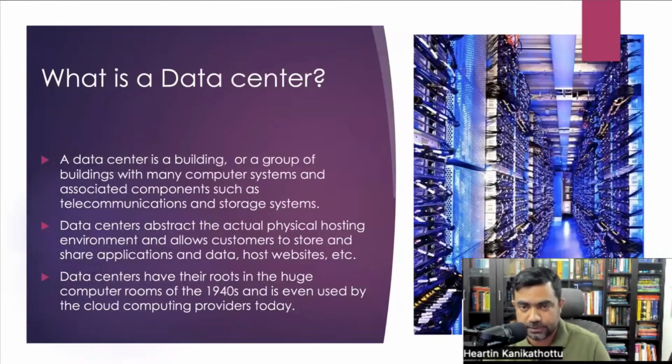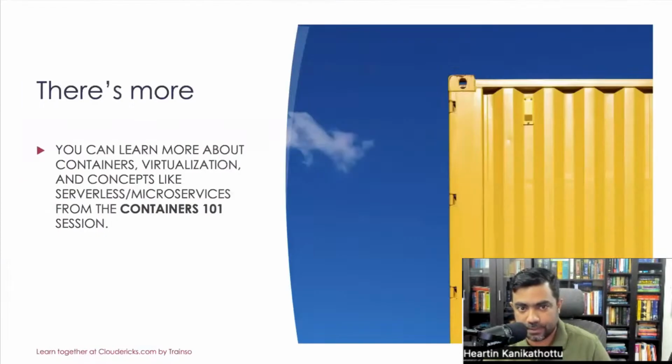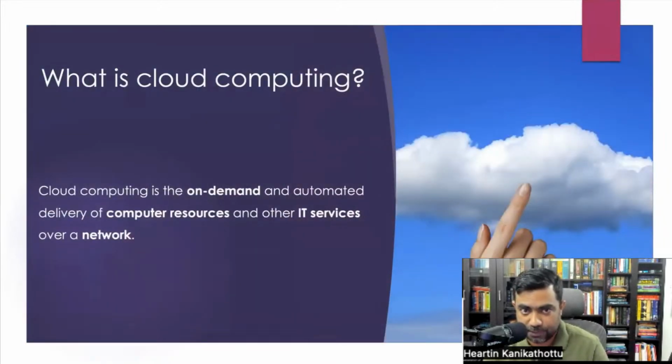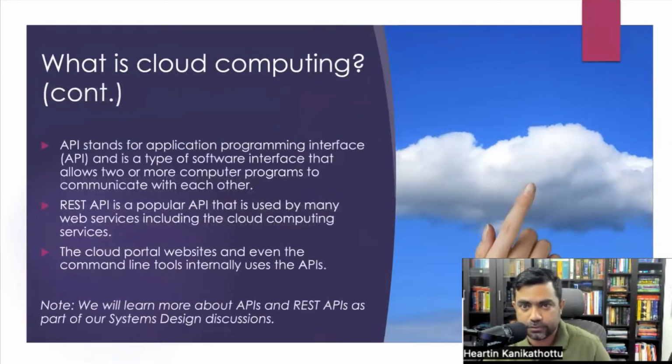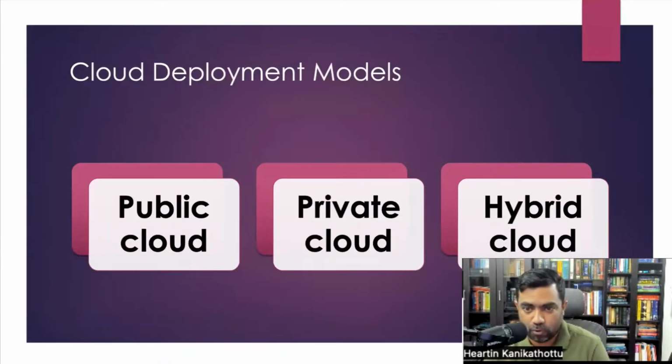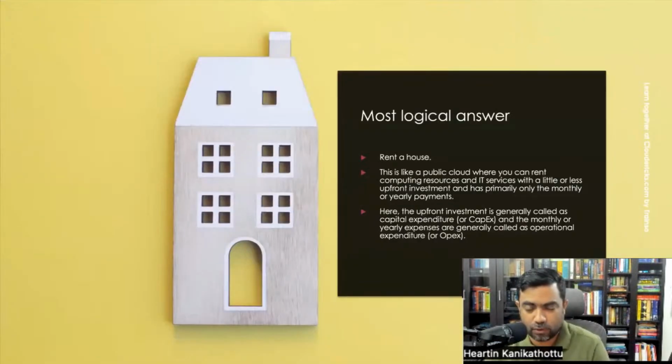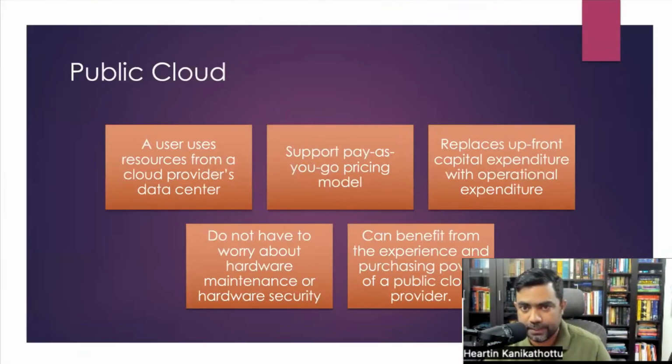We also discussed in detail what a data center is. And we started with cloud computing, with the definition, and also 3 deployment models: public cloud, private cloud, and hybrid cloud. And we went through some examples to make sure you understand what public cloud, private cloud, and hybrid cloud are.